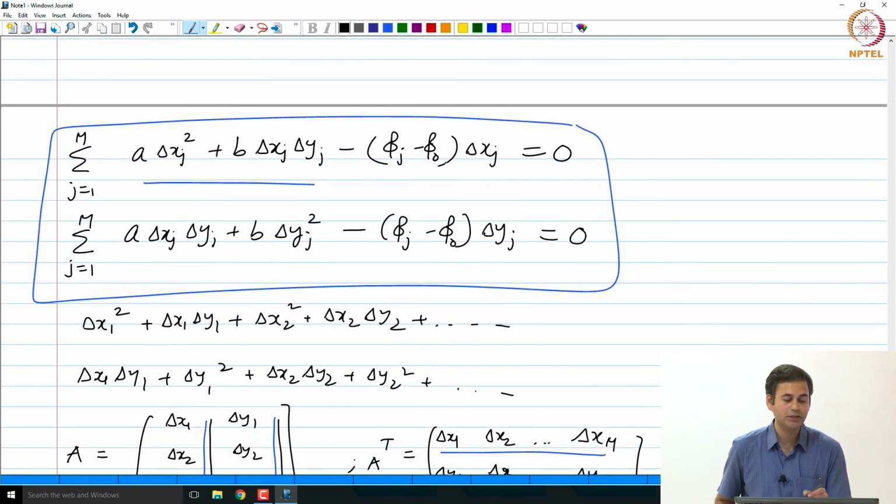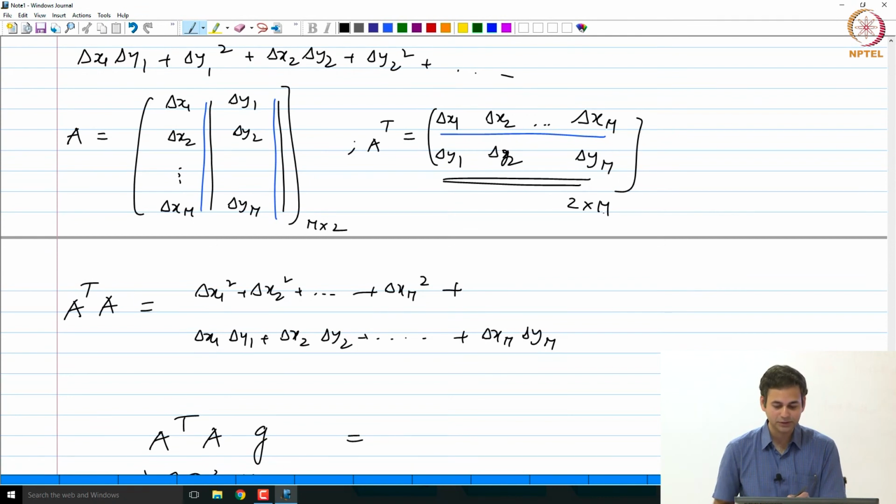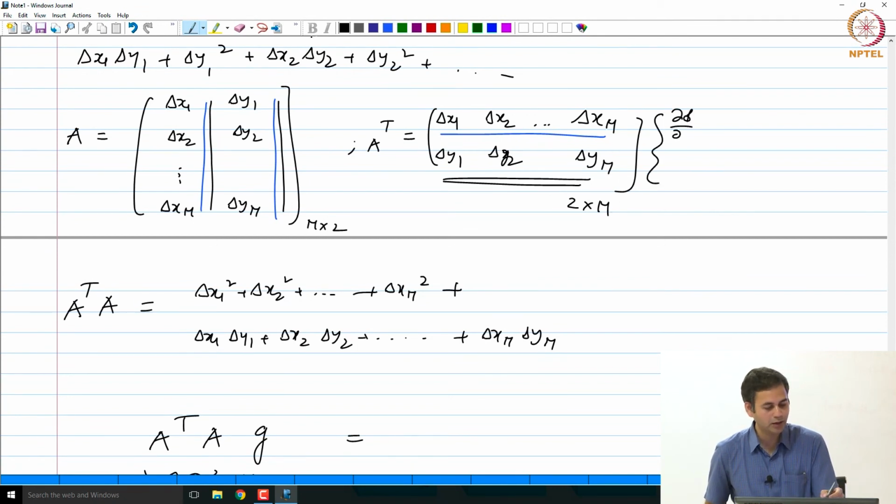This is phi j minus phi 0 times delta x j. So, you are multiplying delta phi with delta x, and in the second equation you are multiplying delta phi with delta y and summing it. So, what would that be? A transpose times, just the phi.